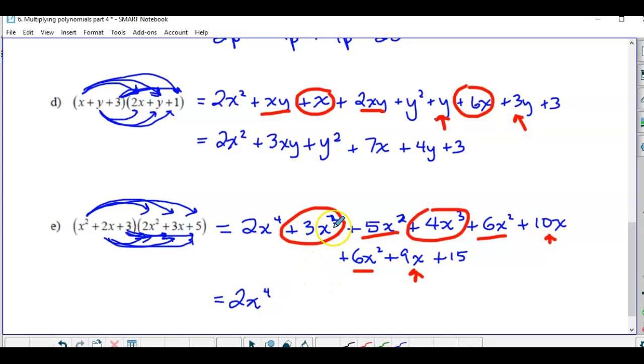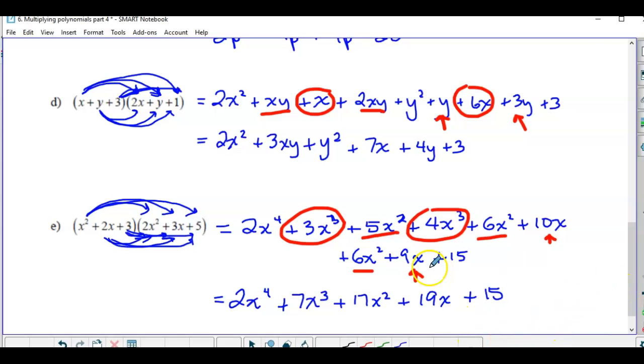Then positive 3x cubed plus 4x cubed is 7x cubed. Then 5x squared plus 6x squared is 11x squared plus another 6x squared is 17x squared. And then 10x plus 9x is 19x. And then plus 15. So we went from 9 terms down to 5 terms now.